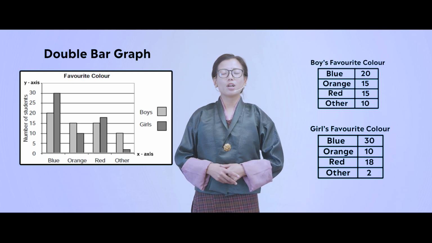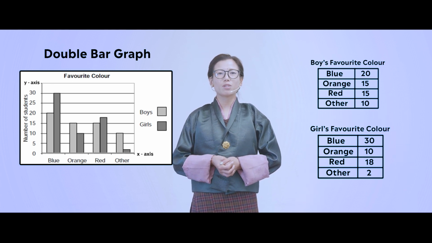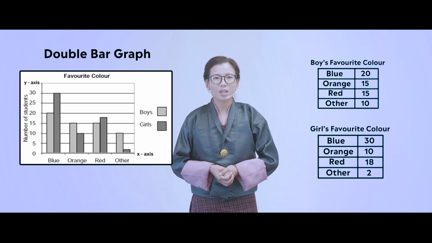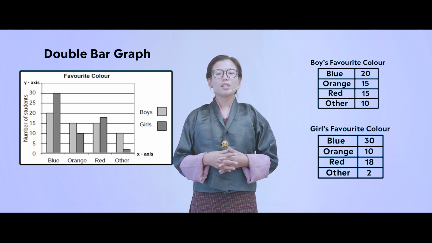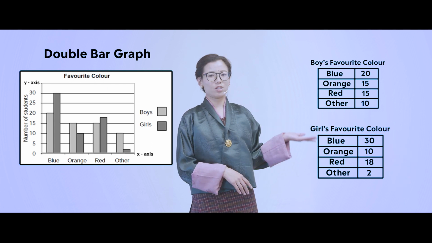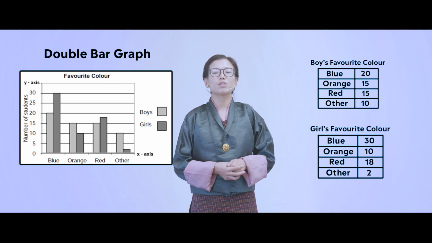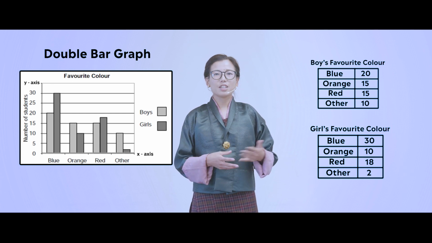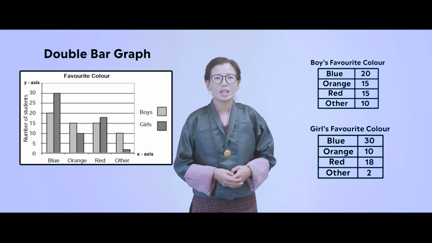And the second conclusion that you can draw from this graph is that there are more boys who chose other colors than blue, orange, and red as their favorite color.